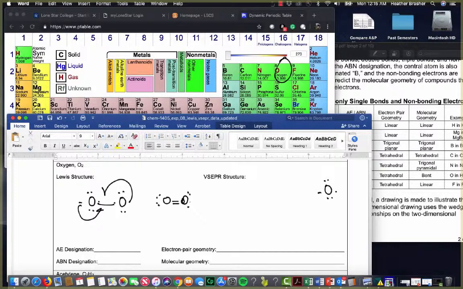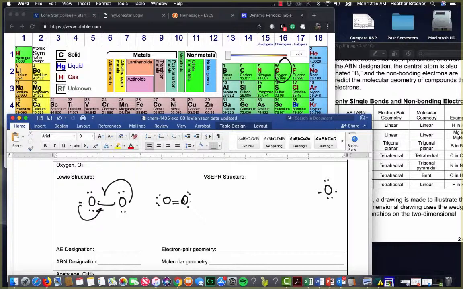So this is when you go where it has the single bond, the double bonds, and you say, how much does this baby have? Well, he had 6 valence electrons, total electron pairs. He's 1, 2, 3, 4. Electrons that are binding are 2. He has 2 non-pairs. He has basically 1 double bond.